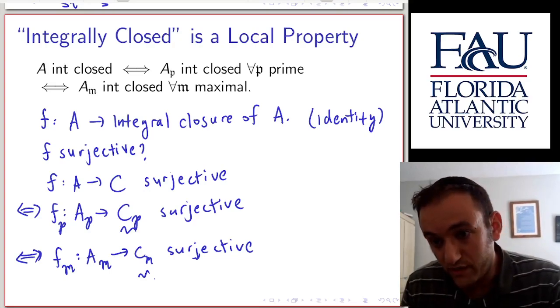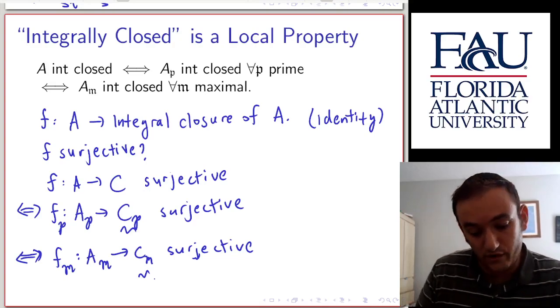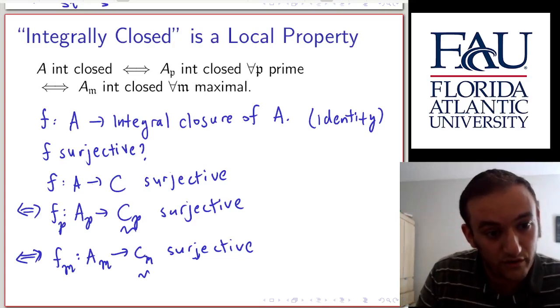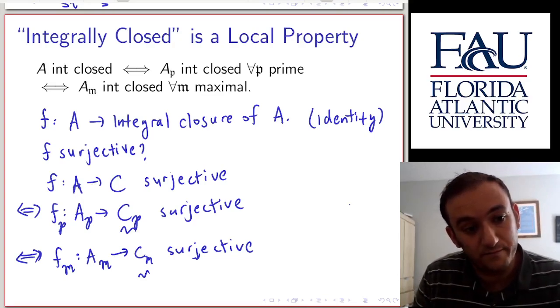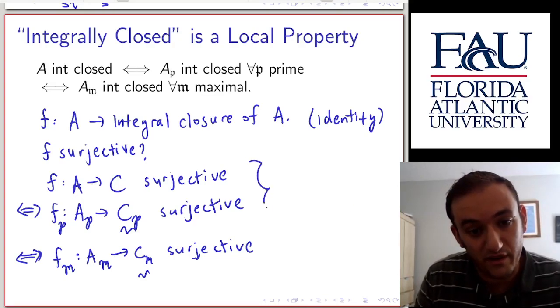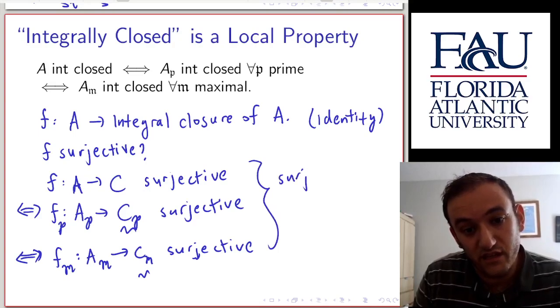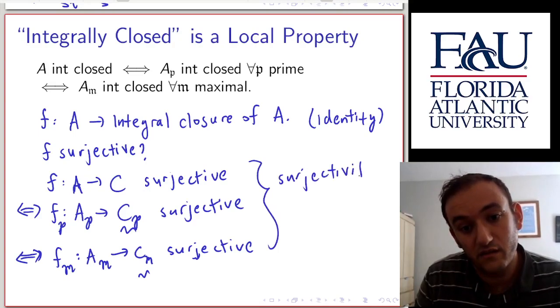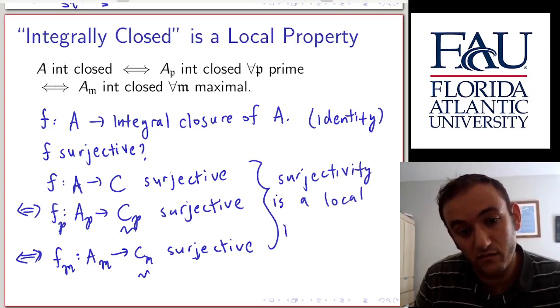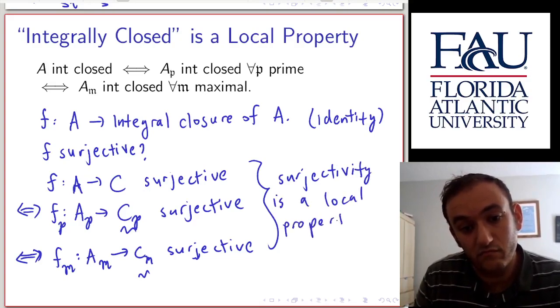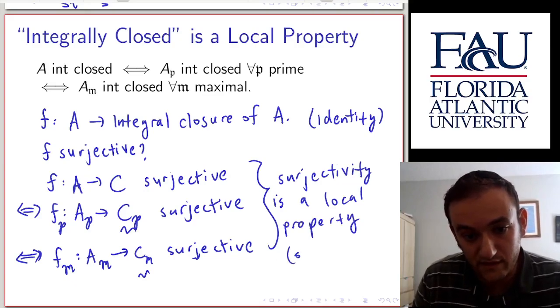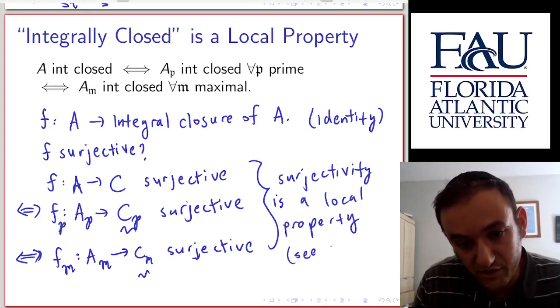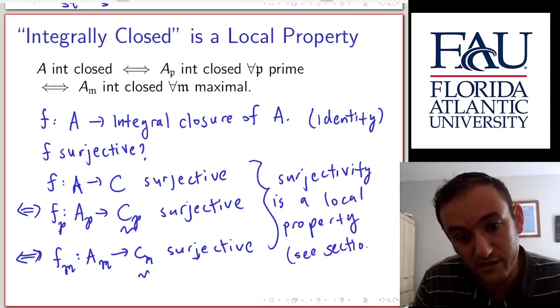And so that's what tells us that we're proving the same property for each of these localizations. Okay, and this is a property. So surjectivity is a local property, and then see the section on localization.